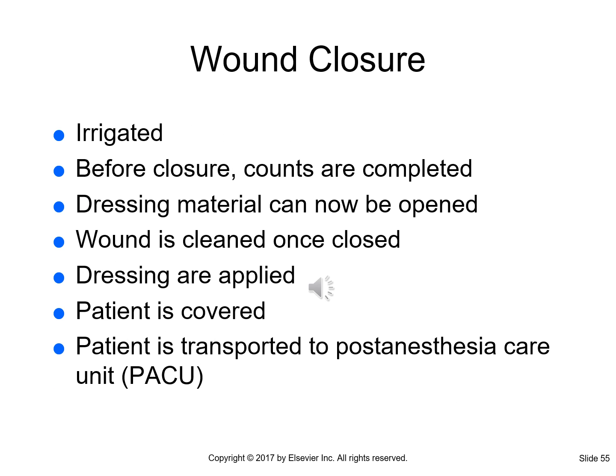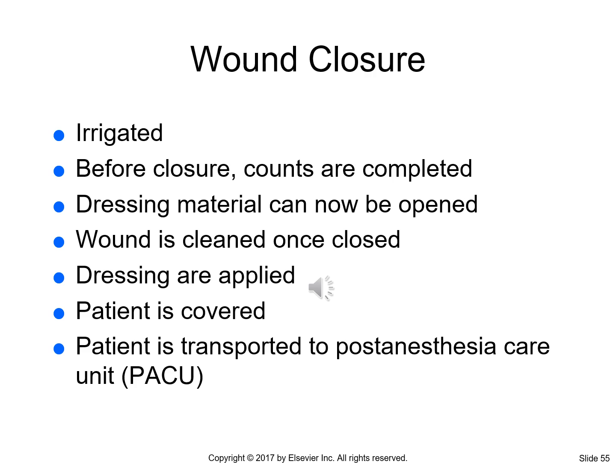When talking about wounds, basically this is just some things that fall under wound closure. Obviously, before we close a wound, a lot of times we'll irrigate it out with warm saline before we close it. Again, before closure, counts are always completed before complete closure. All excess instruments are removed and organized quickly for the counts during the wound closure process.